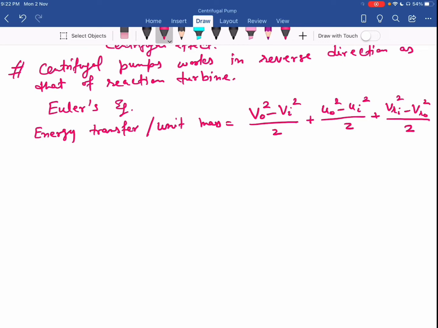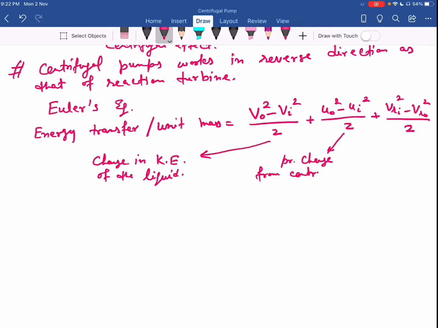Now, in this equation, the first term represents the change in kinetic energy of the liquid, that is water. The second term represents the pressure change from centrifugal effect.